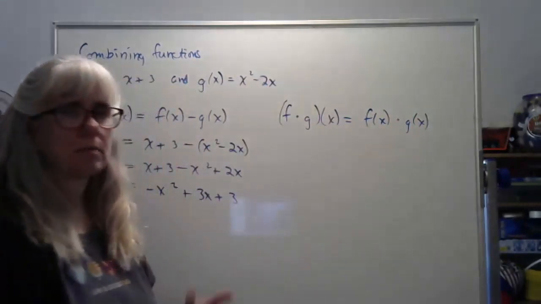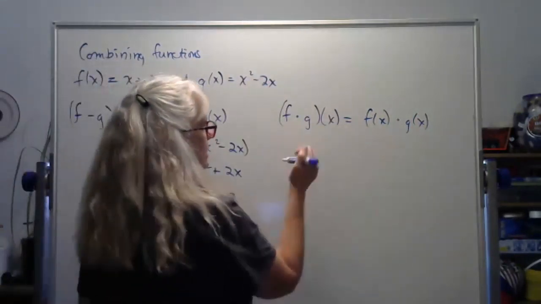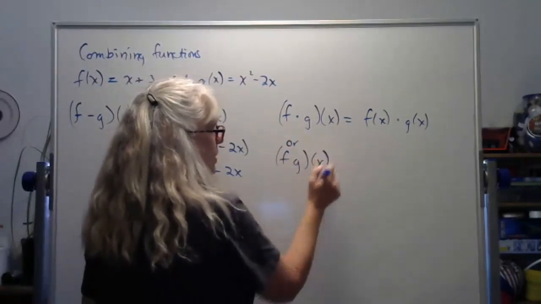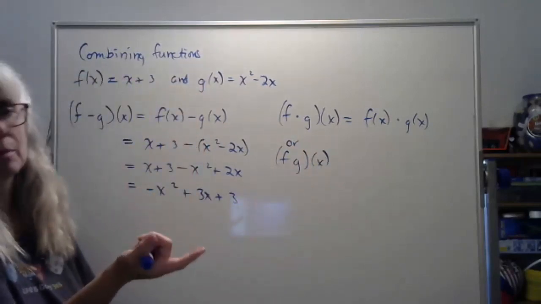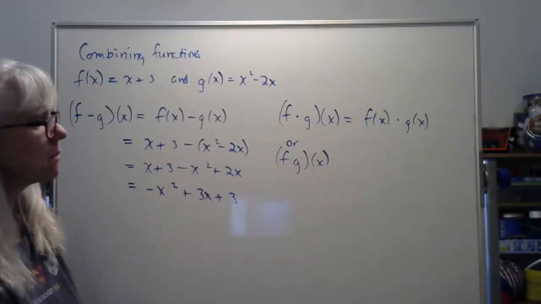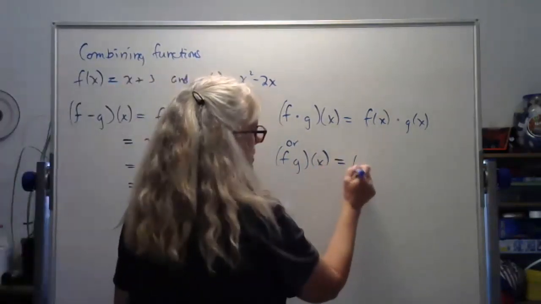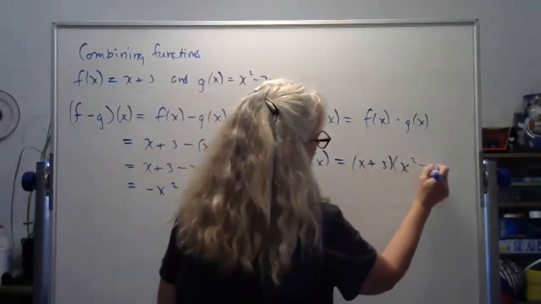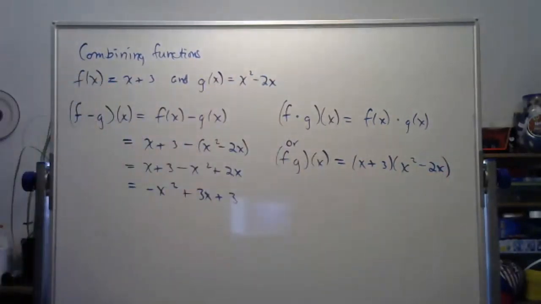Sometimes, depending on the textbook or professor, you'll write this as fg of x with no symbol between the f and the g, because when two things are next to each other, it means to multiply. So it means the same thing. We'll go ahead and do that really quick. We're going to take x plus 3 and multiply it by x squared minus 2x. I'm simply taking my two functions and multiplying them together.